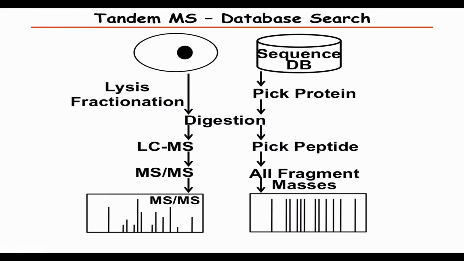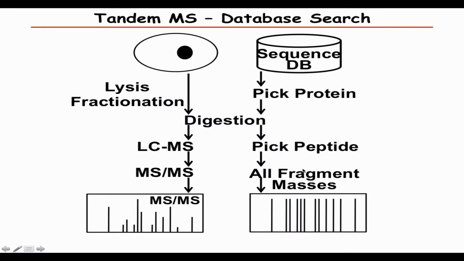Usually we don't know exactly how to do that, but we, for example, take all the human proteins from the reference sequence. But we actually know that every human has variants, so some amino acids will be different. But usually we just ignore that, and in most cases that's not a problem. So we take the sequence database, take the first protein, digest it according to the same rules, so trypsin cuts at arginine and lysine.